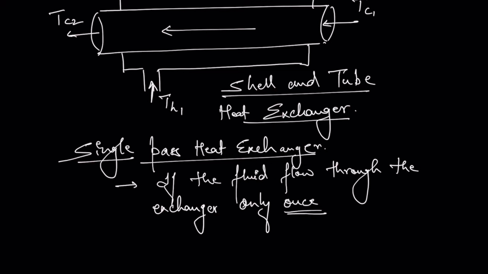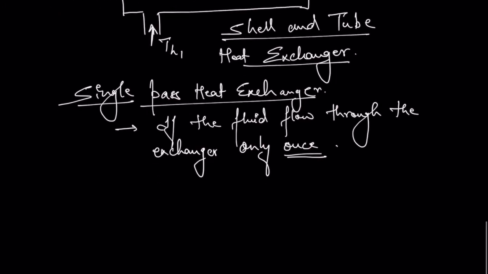Okay, it is called single pass. So in many designs, one fluid or both the fluids may traverse the exchanger more than once. So such types of exchangers are called multi-pass. So we have another type, multi-pass heat exchangers.